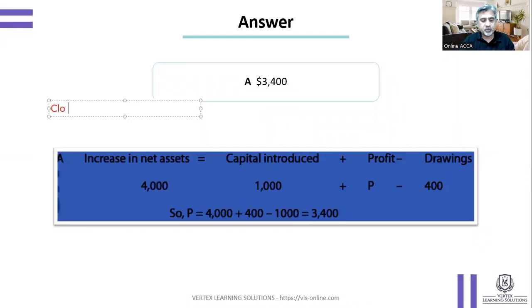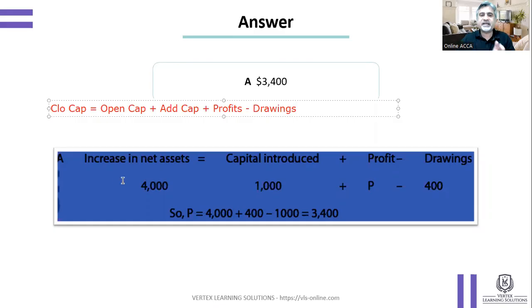We said that closing capital is equal to opening capital plus additional capital plus profits minus drawings. Okay. This is the formula. And by the way, increase in net asset means the difference between opening and closing.